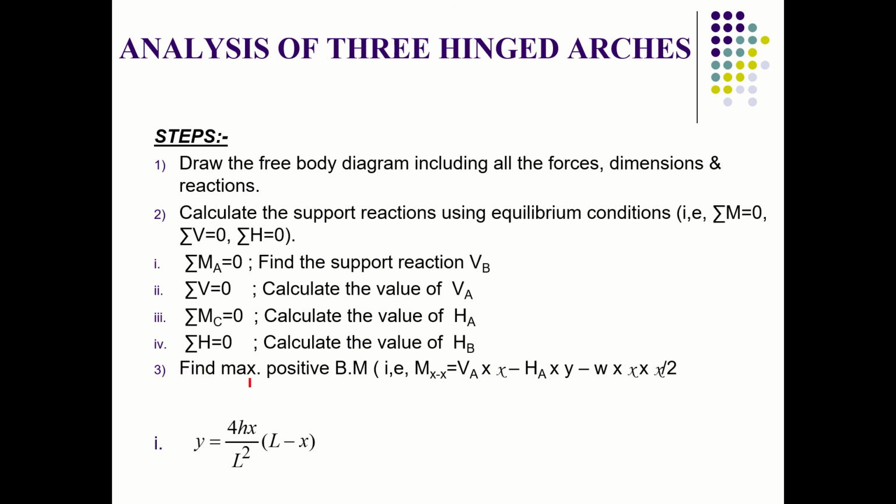Step number 3 is to find the maximum positive bending moment, that is Mxx is equal to VA into x minus HA into y minus w into x into x by 2, which is the UDL applied.